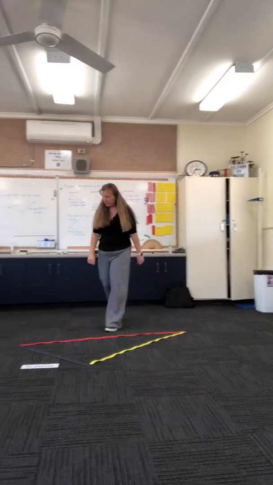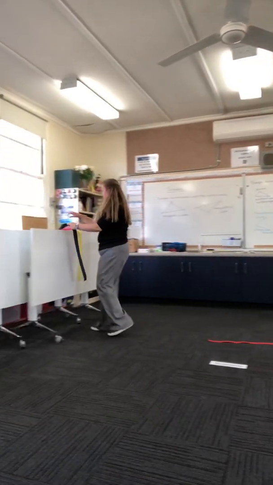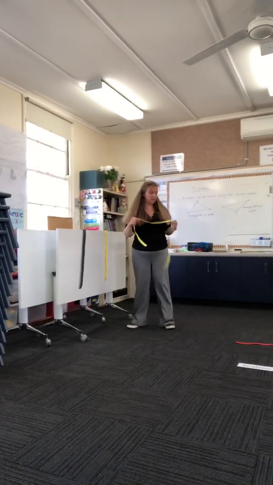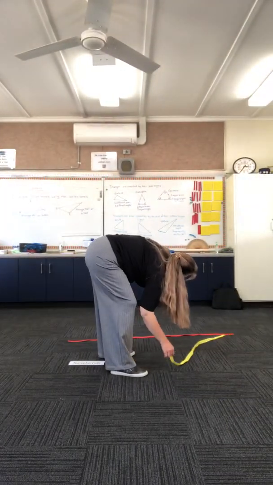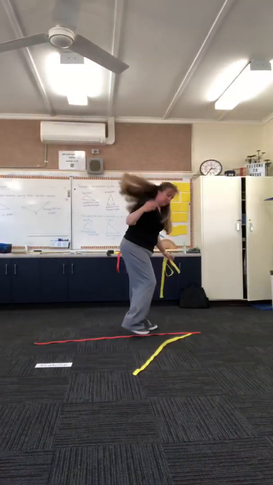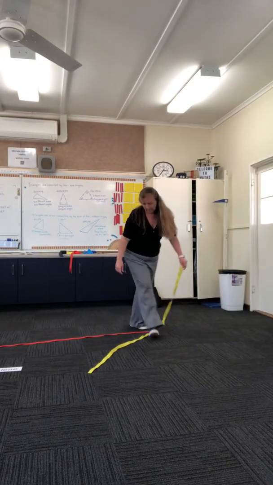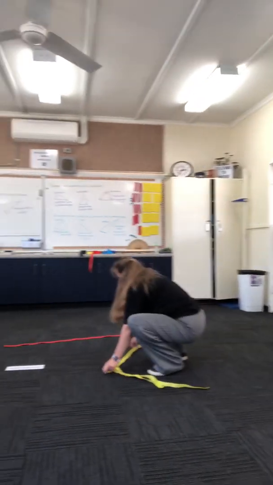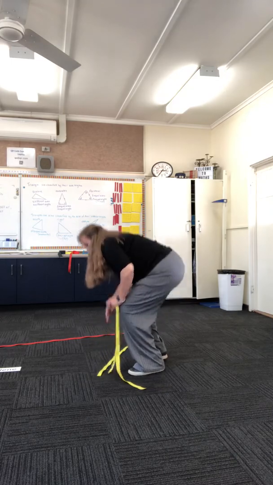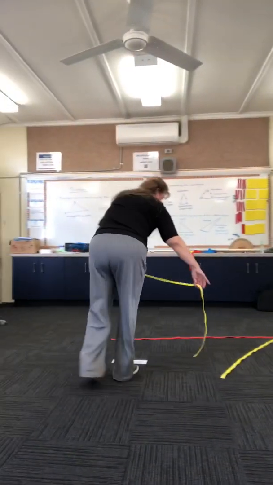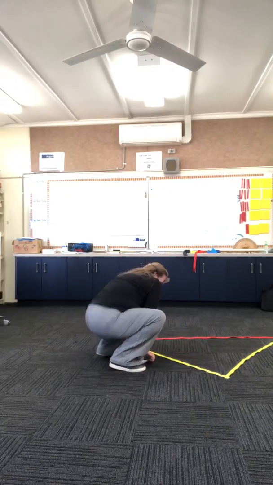So, I'm going to remove the black side, and I'm going to use my yellow again, and I'm going to make a triangle like so.